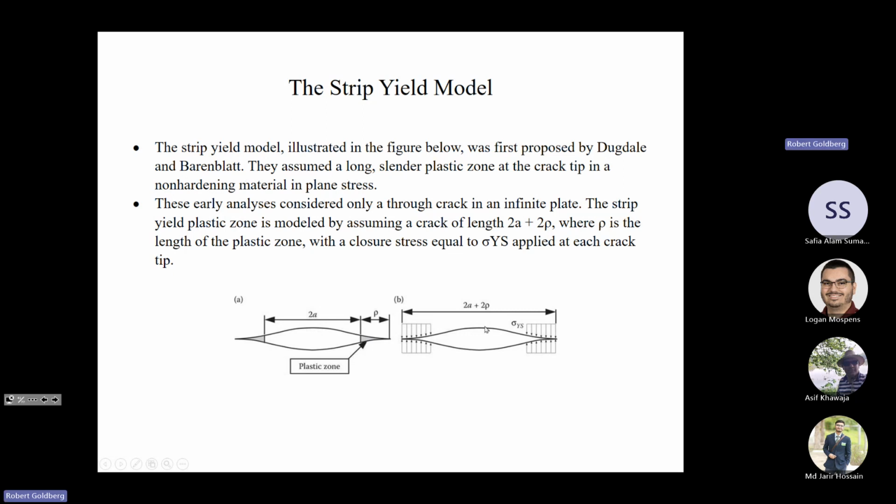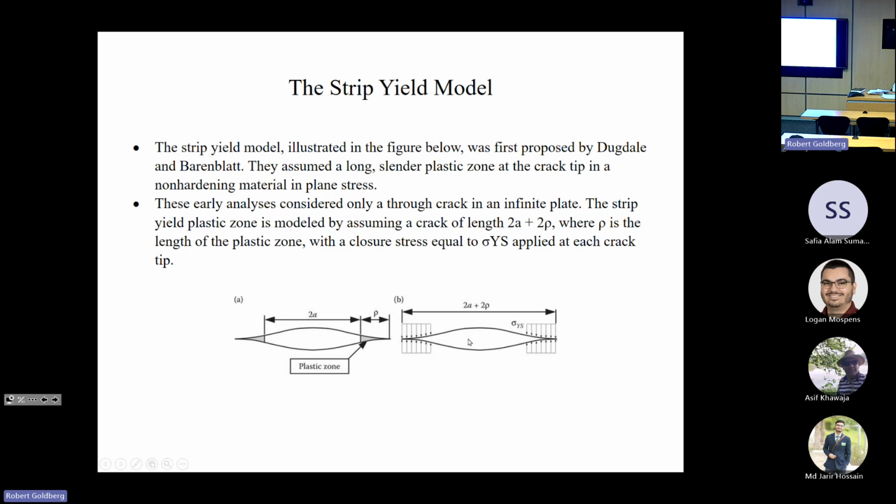And what they did is they assumed a long, slender plastic zone illustrated in these shaded areas here in a non-hardening material and plane stress. So once again, the assumption is once the stress hits the yield stress, that's it. The stress just remains at the constant yield stress. And these early analyses only considered a through crack in an infinite plate.